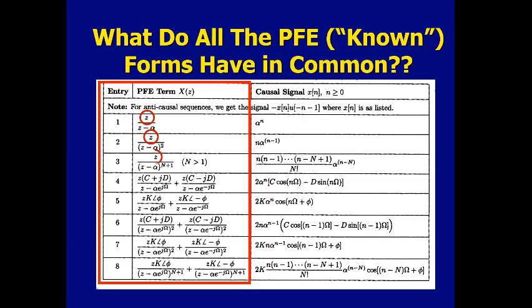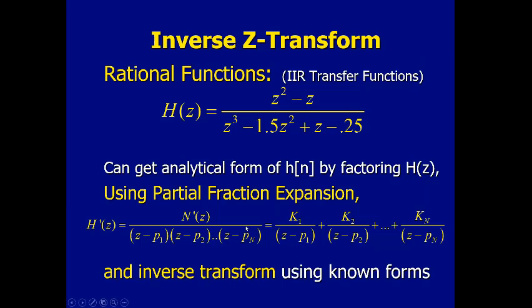Now, if you'll notice, all of these partial fraction expansion terms have a z in the numerator. Unfortunately, partial fraction expansion tends to break things up with just a coefficient in the numerator and a pole term in the denominator.